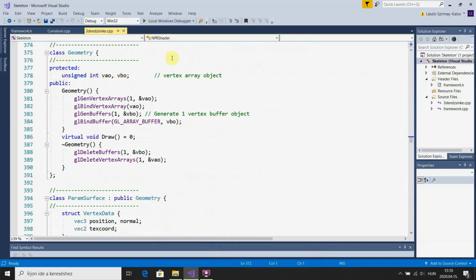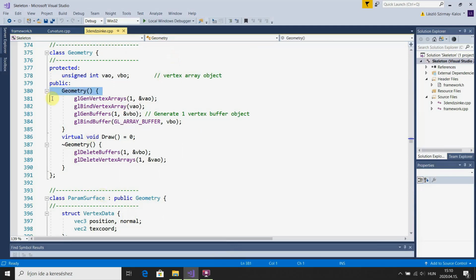Okay, the next task is the definition of the geometry on the GPU. We know that this is encoded in vertex array objects, and a vertex array object can have multiple vertex buffer objects. And vertex buffer objects store the locations, normal vectors, and texture coordinates of the vertices.